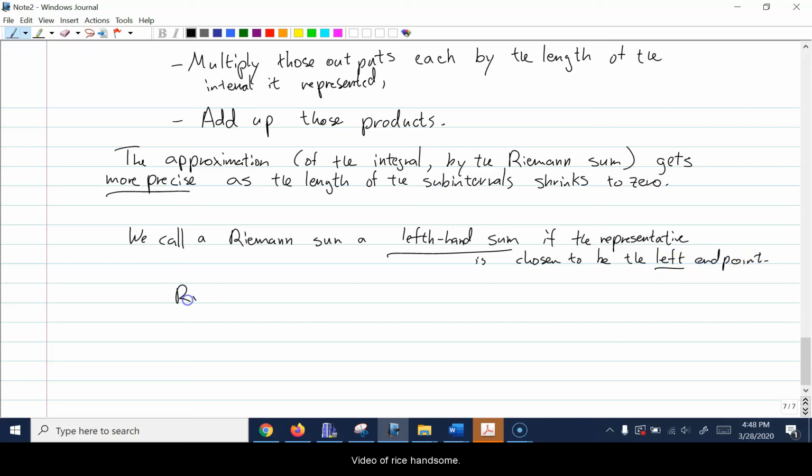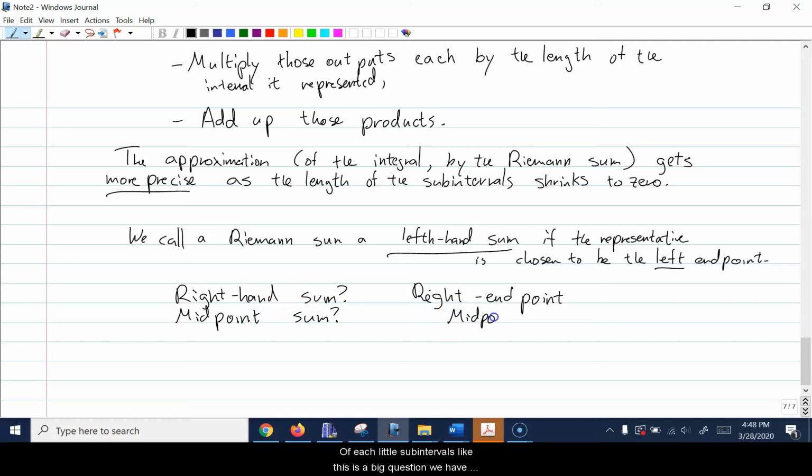We do a right-hand sum by taking the right endpoint. We can talk about a midpoint sum by taking the midpoint of each little subinterval.